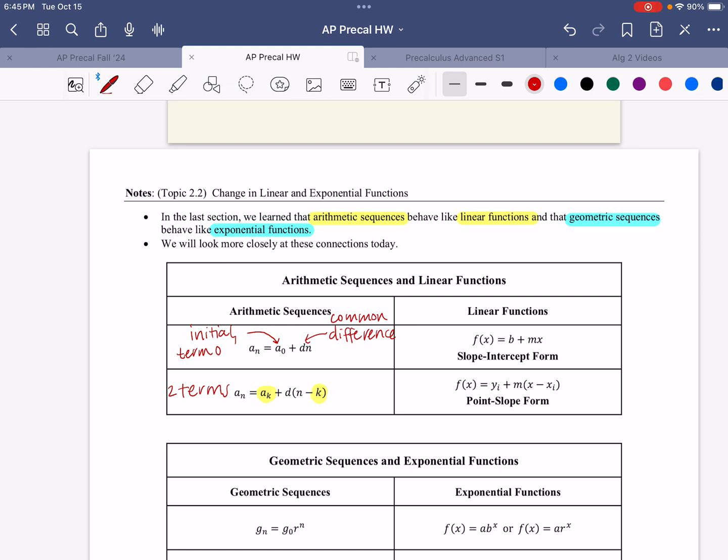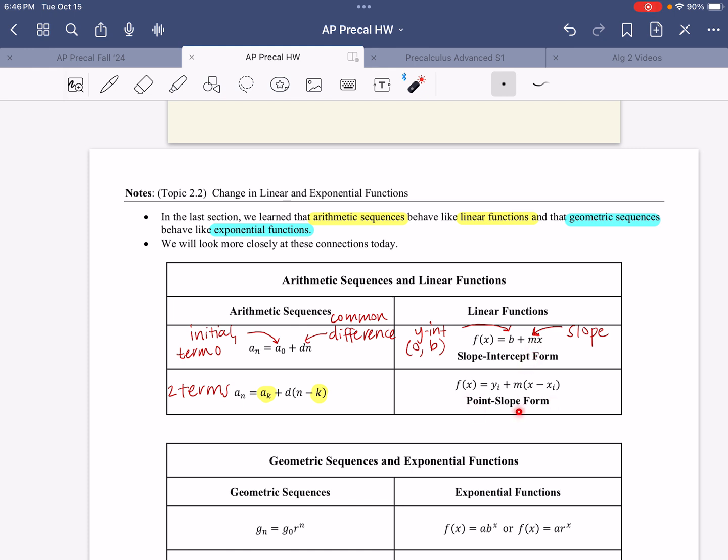So here, instead of an initial term, we have the y-intercept, which is our initial term. It's (0, b). And then instead of a common difference, same idea, it's our constant rate of change, but it is our slope. And so you may have noticed when we were solving for the common difference, it's like we were using slope formula to calculate that last class.